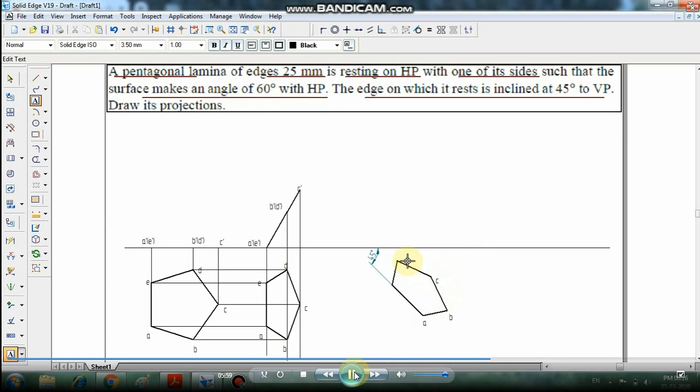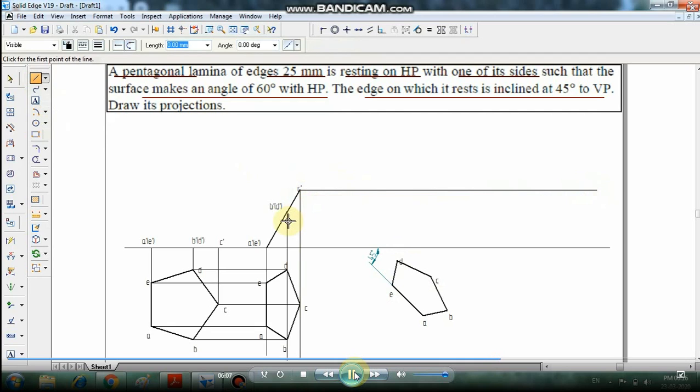Mention A, B, C, D, E. Draw the projector lines. From A to A dash where it meets, from B to B dash where it meets here, C to C dash, D to D dash where it meets, E to E dash.